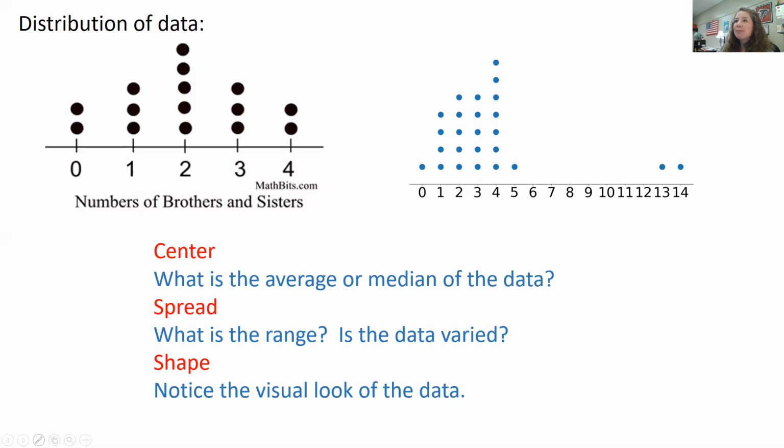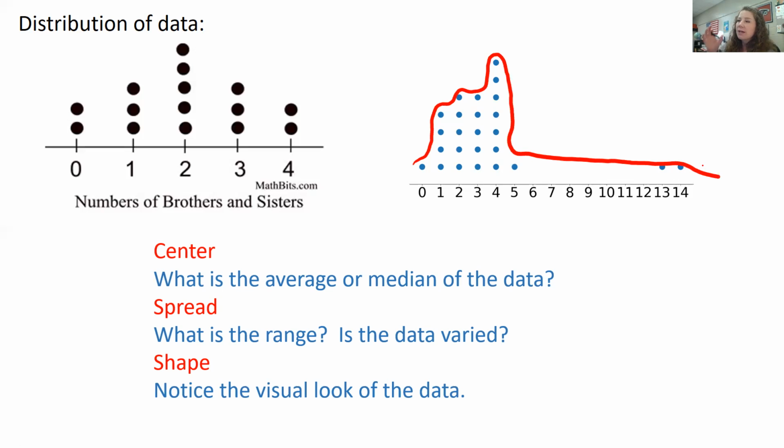We notice the shape. Like I said, this shape is very symmetrical. So not a lot of crazy answers over here. I mean, they're not crazy answers if you have an outlier, but you can see that the data is very symmetrical, but this data is definitely not symmetrical, right? You would say that this data is skewed to the right, because if I drew a picture of my data, you would go, oh, it skews to the right.